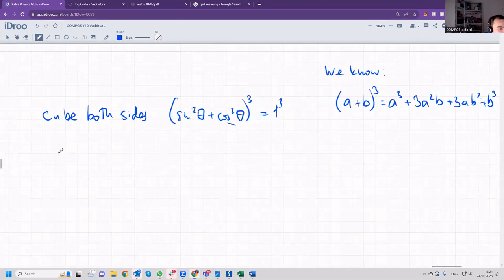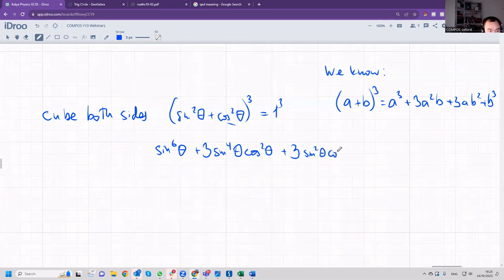So I'm going to cube this. If I cube both sides, it's going to be sine to the power 6 theta plus 3 sine to the power 4 theta cos squared theta plus 3 sine squared theta cos to the power 4 theta plus cos to the power 6 theta, and that whole thing is equal to 1. I'm going to join these together and find the common factor.